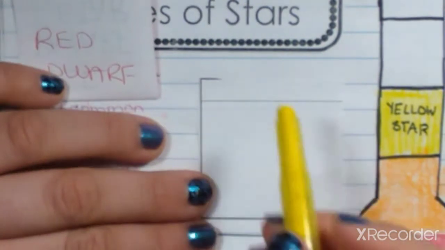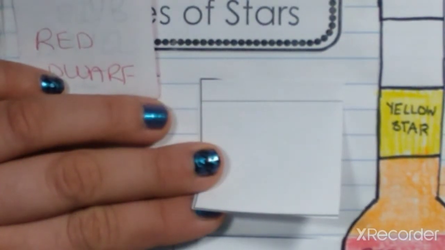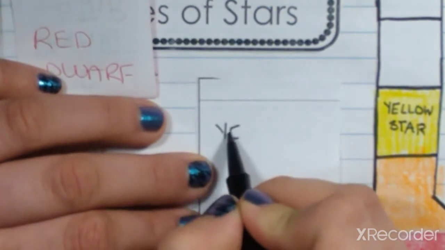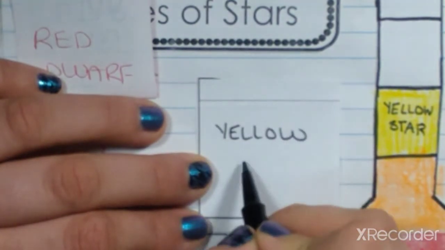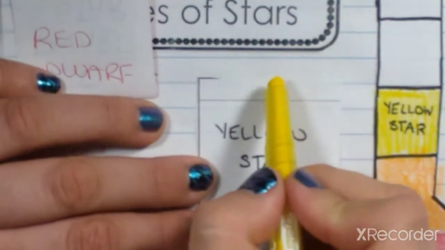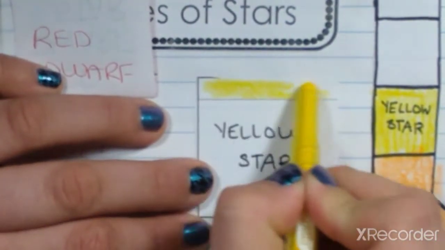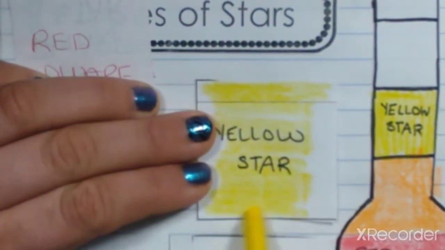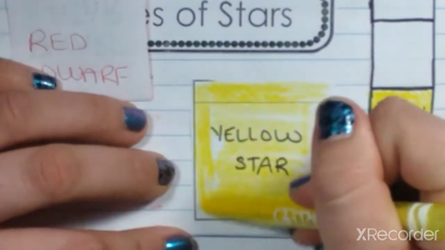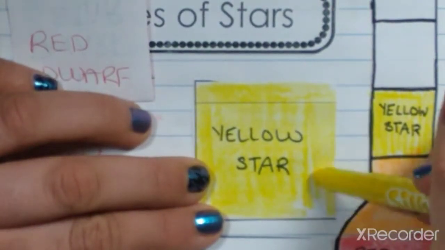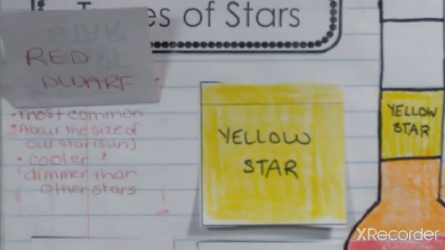So we are going to, let's see, we're going to write a yellow star. I'm going to color this yellow. Okay. A yellow star.